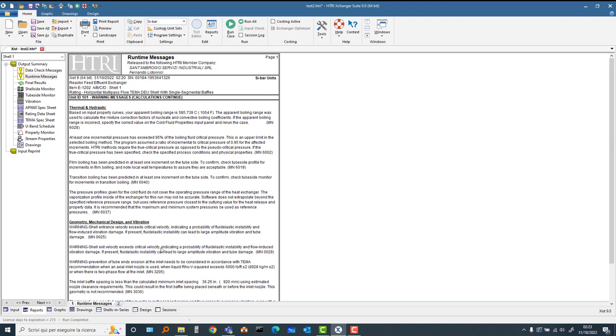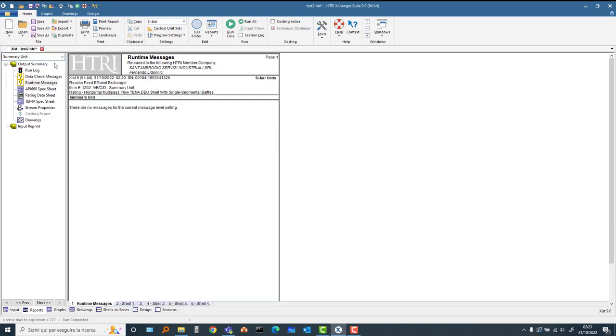Shell exit velocity, so this is a problem. How can we solve this problem? There is a very simple way, without making major modification, not on shell 1, but on the summary unit.